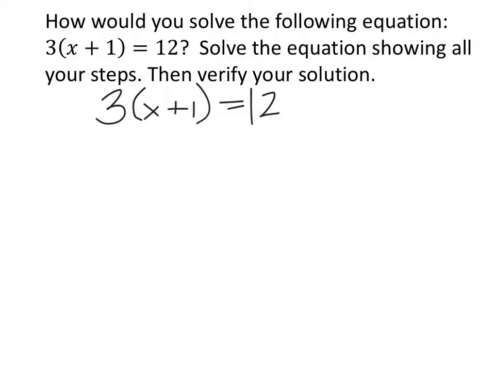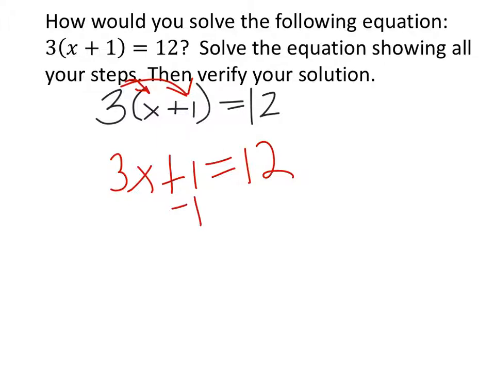Okay, so we have to multiply the 3 to the x and to the 1. So that is 3x plus 1 equals 12. And then we have to subtract the 1, correct? Sure.